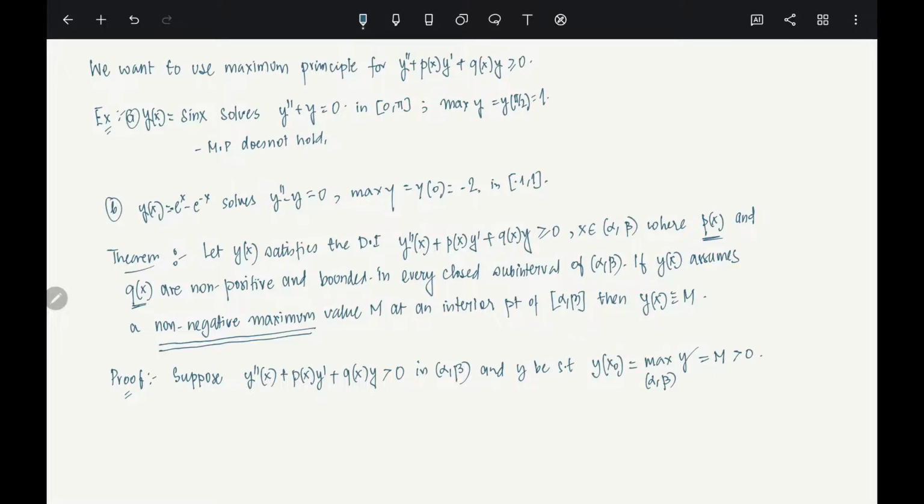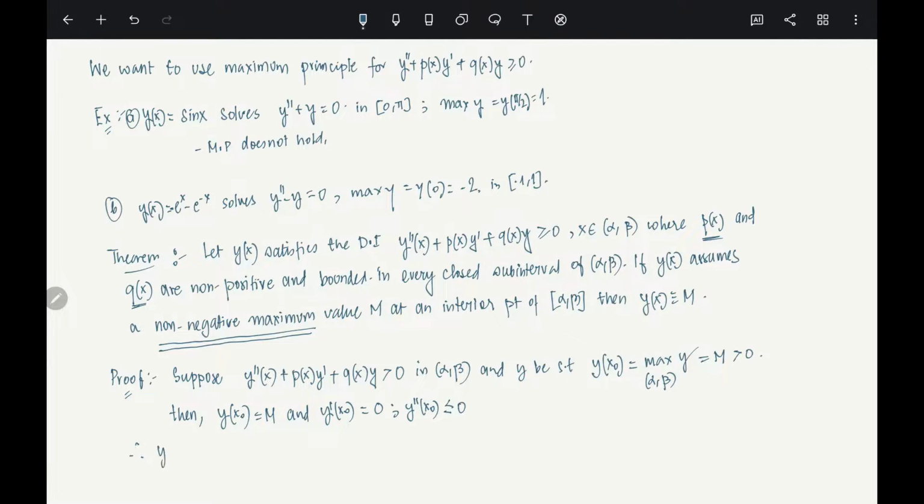Is this okay? Then y at the point x naught will be capital M, and y prime at x naught, since this is a maxima, is a critical point, so it has to be 0. What happens to y double prime at x naught? By the second derivative test, at a maxima it has to be less than or equal to 0.